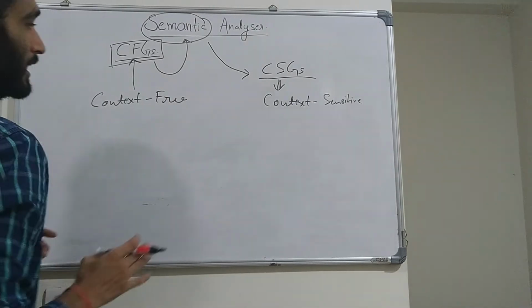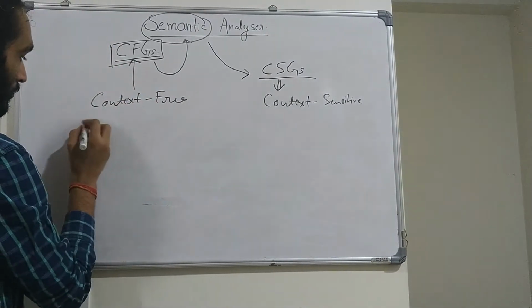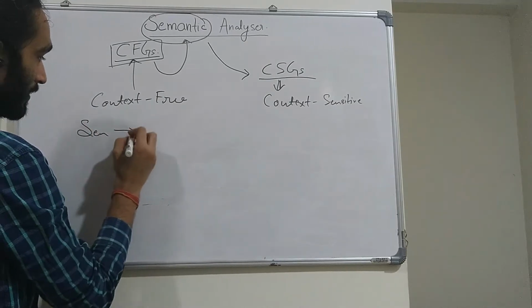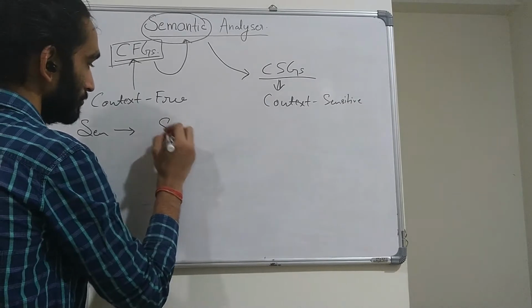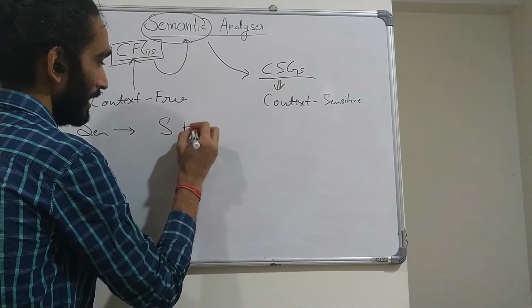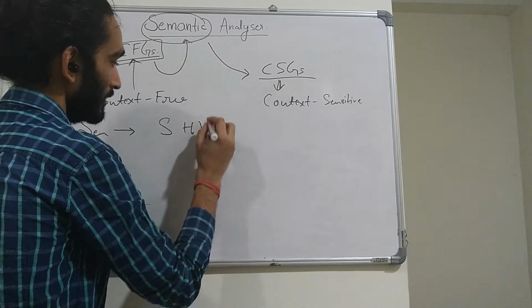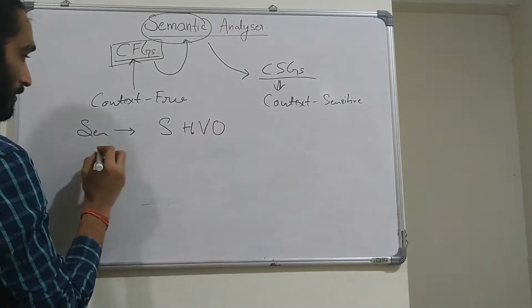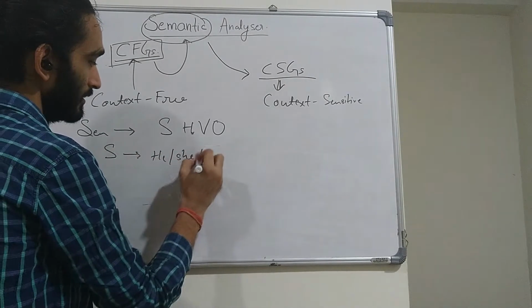I have given many kinds of examples. I am giving you one example again. Say the sentence grammar is: subject, followed by a helping verb HV, followed by the verb, and followed by the object. The subject can be he, she, they.